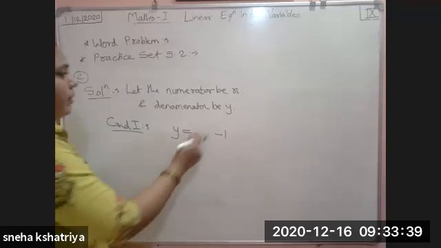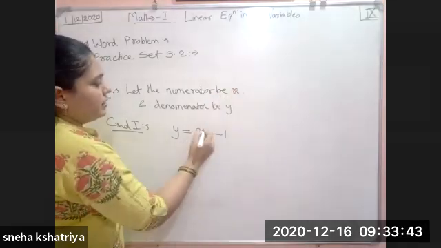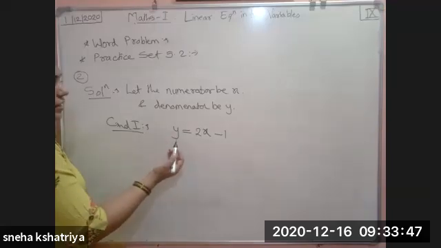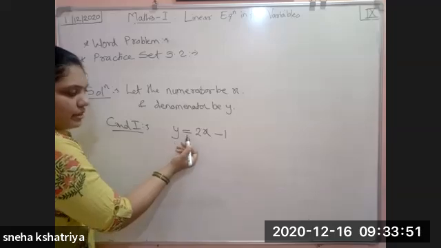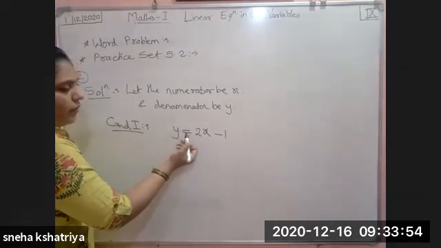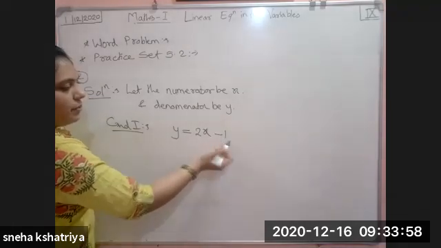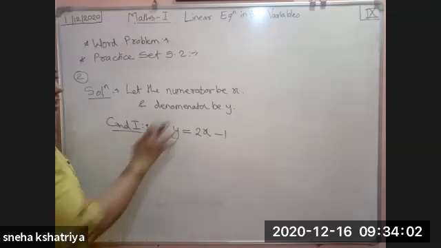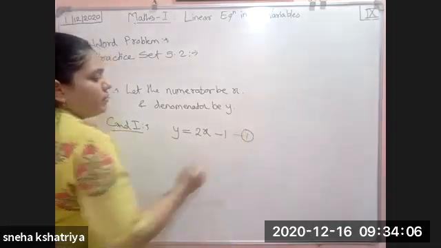Twice the numerator, where the numerator is x, is 2x. According to this, you have to put it here. So this becomes your equation number 1.